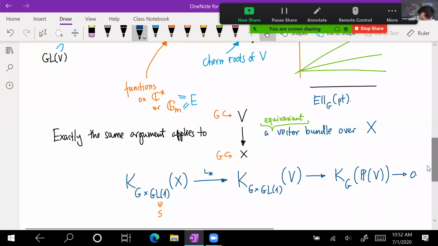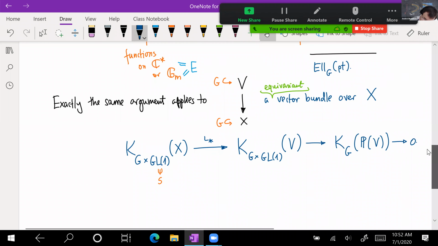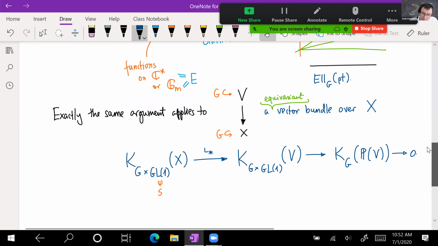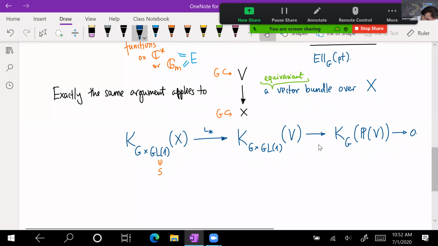This map has the exact same Koszul resolution as we had over a point, literally the same. So the conclusion is the picture, the conclusion of this object here.